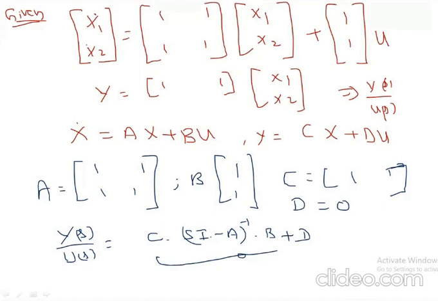First of all you need to find sI minus A, that is your first step, then multiply with B, and after that multiply with C. In these three steps we will solve the problem.